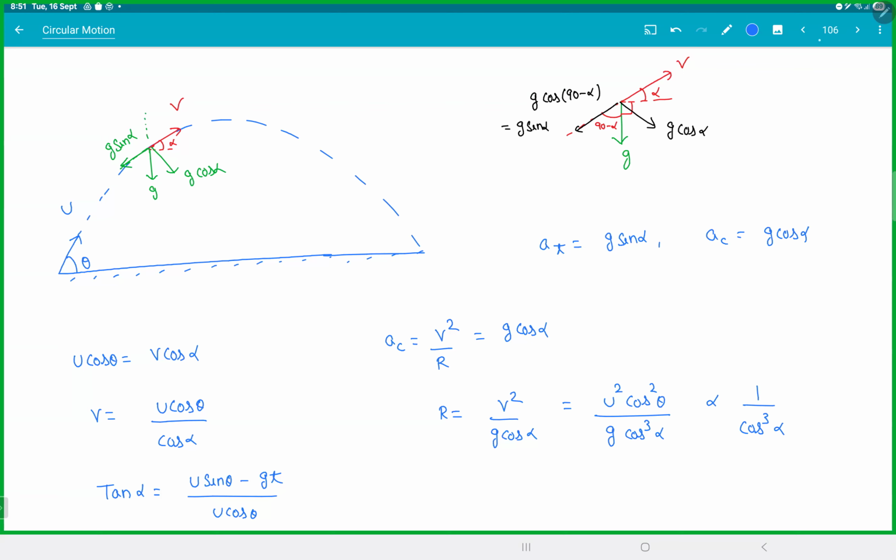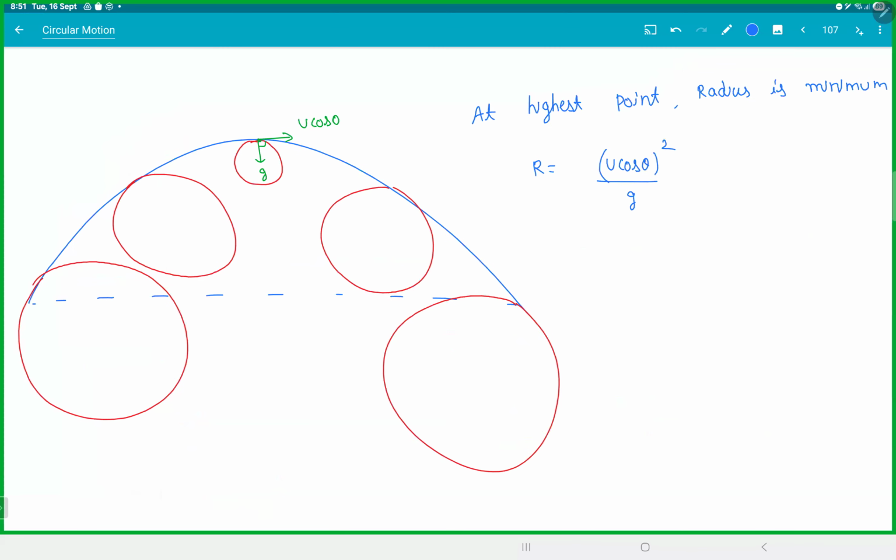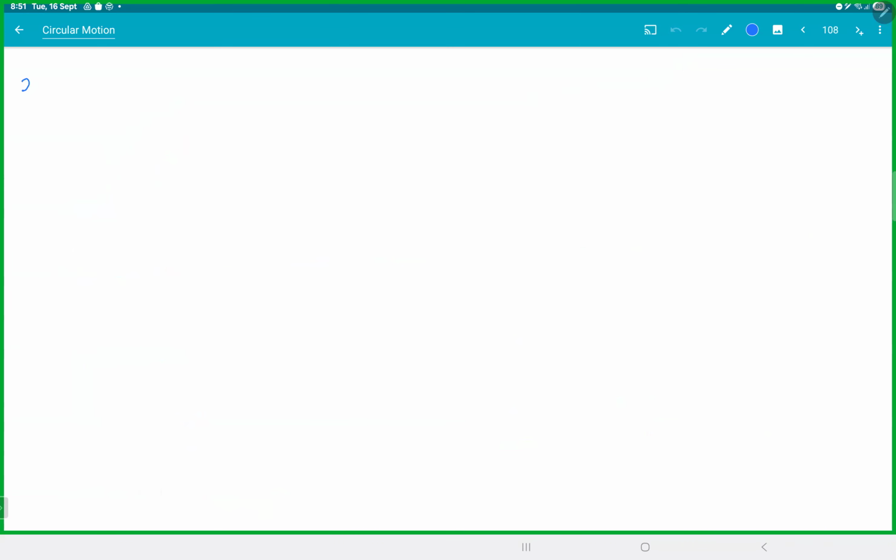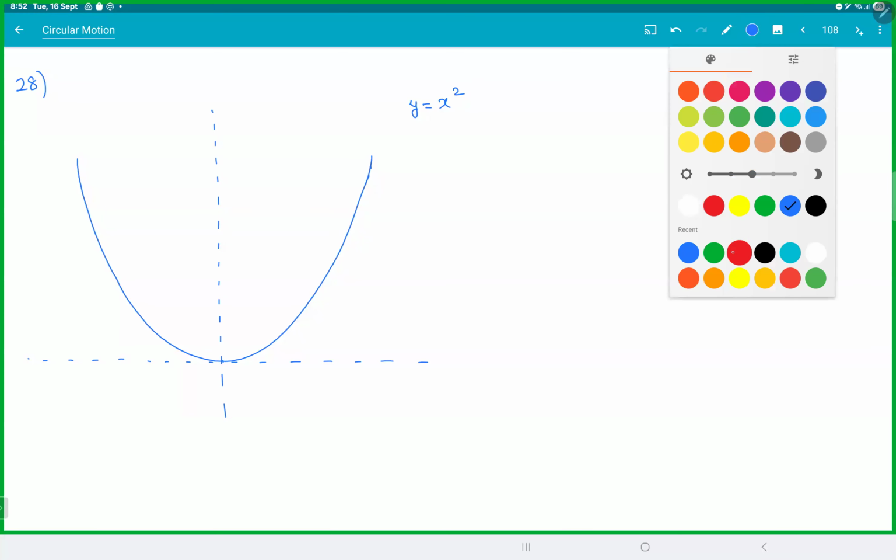Next thing. Let's say we have a parabola here, y is equal to x square. Here we have a ring inside.